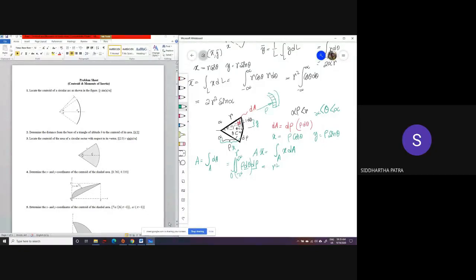Correct. Okay. So for example, if I had taken alpha equal pi, what expression should I get?